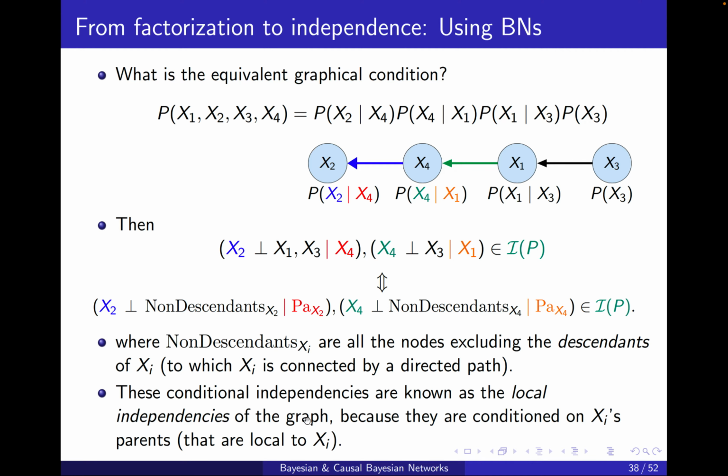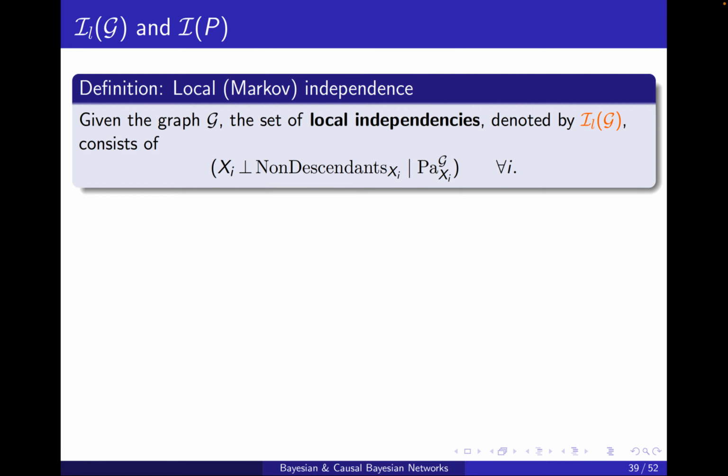The conditional independencies in this form are known as local independencies of the graph because they are conditioned only on Xi's parents, that are local to Xi. So now let's formalize stuff. First, we define the so-called local Markov independence.